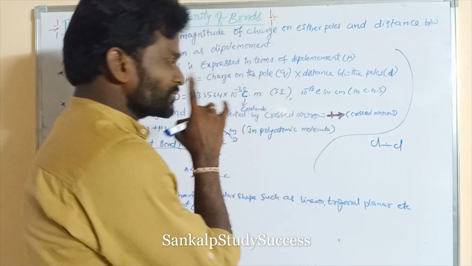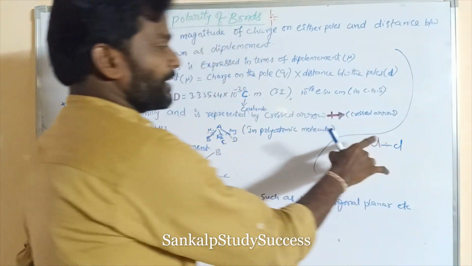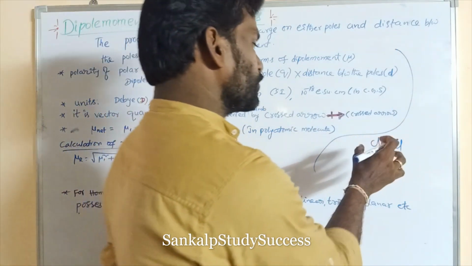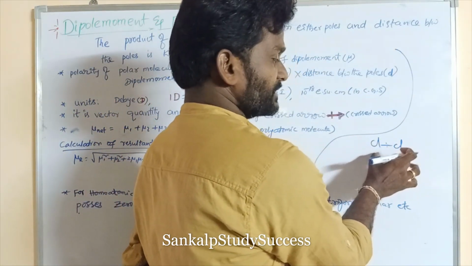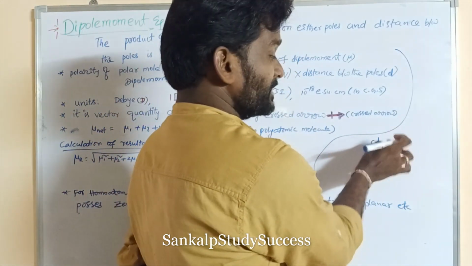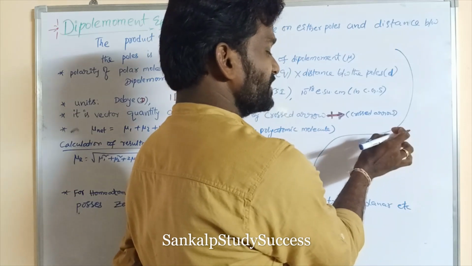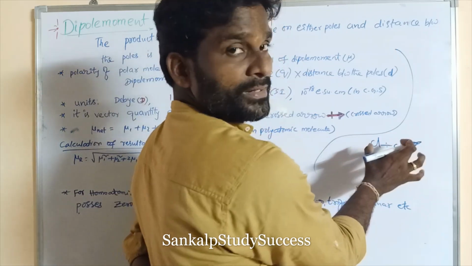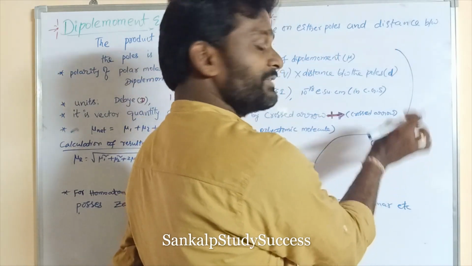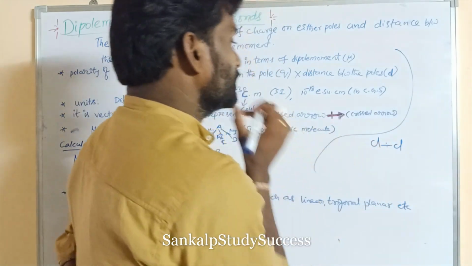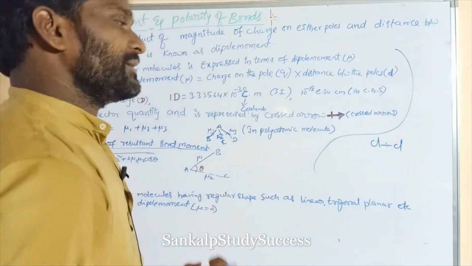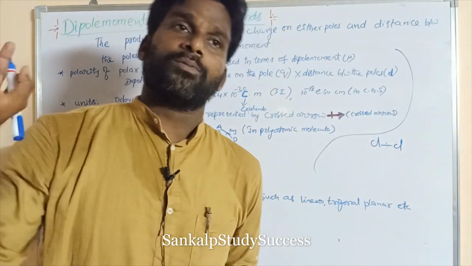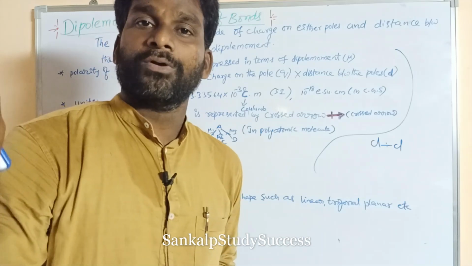So when the covalent bond is present between two similar atoms in a molecule, the shared electron pair is exactly situated at the middle of the bond, between the atoms. That type of bond is said to be a non-polar covalent bond.